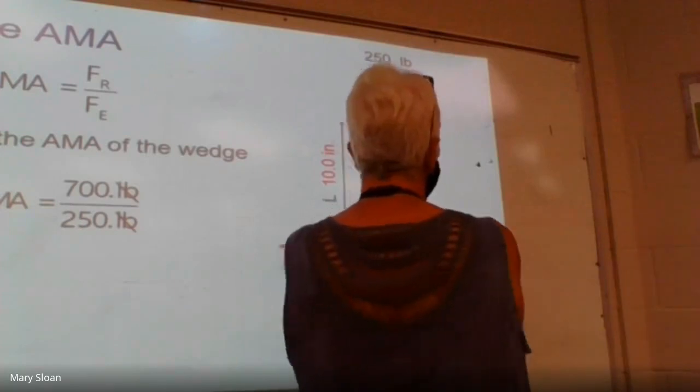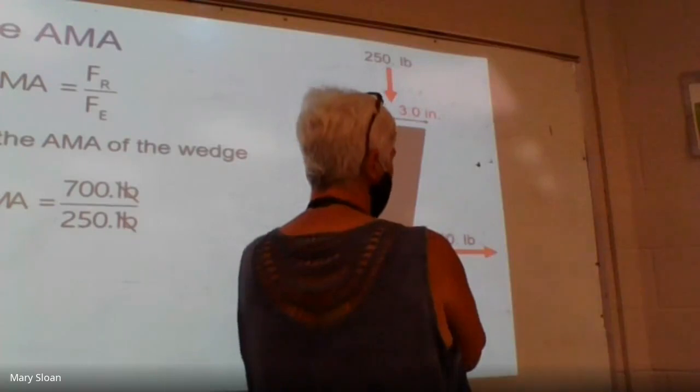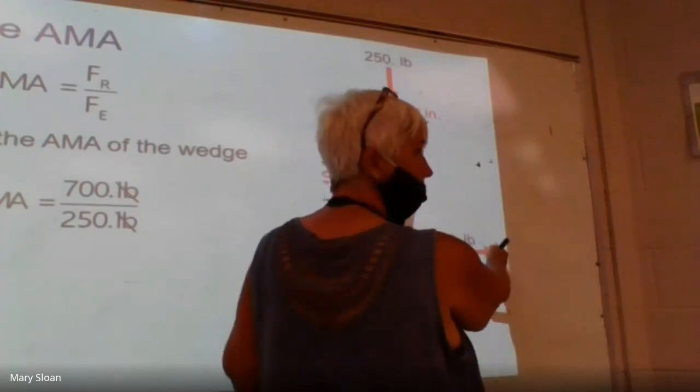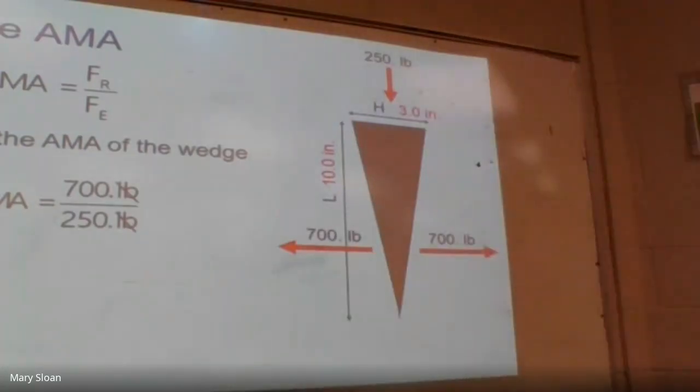They want to show you that when the wedge goes in, the wood is separating with this kind of force, which is equal. Anybody have any questions about the wedge? It's 2.8, a ratio of 2.80 to 1.